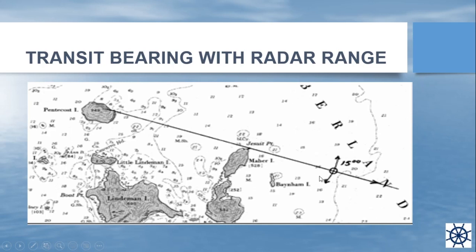When you transit or pass this area and you have the distance given, then you can use this method to obtain a fixed position using transit bearing from two reference points in combination with a radar range. Okay, so this method is also used in terrestrial navigation.